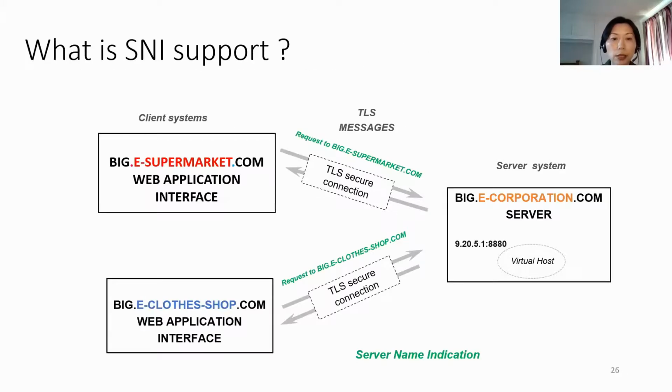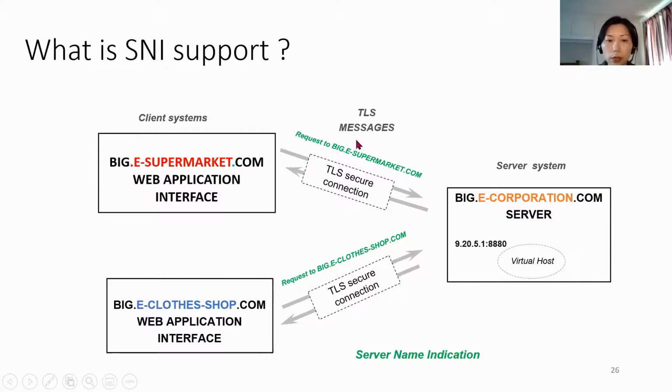So we can see in this diagram two client systems. One is called eSupermarket, another is called eClothes Shop. And these two virtual hosts are hosted on the same server called eCorporation, that big server.